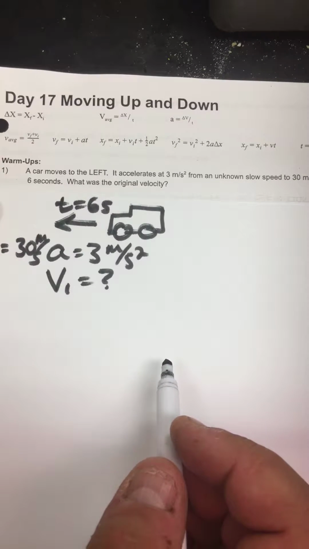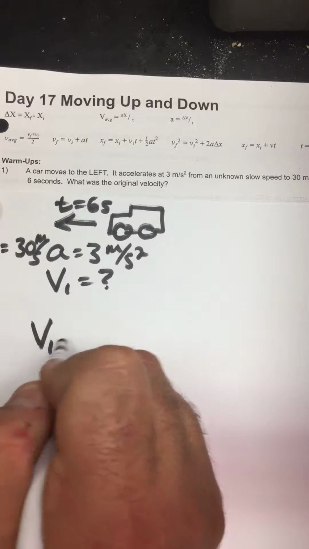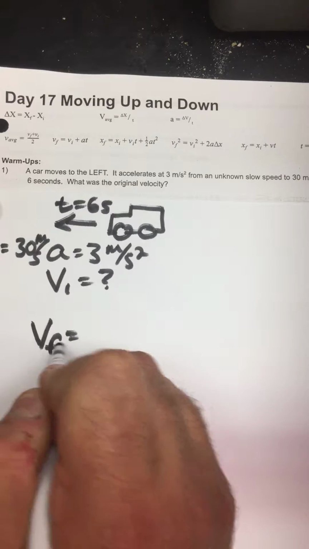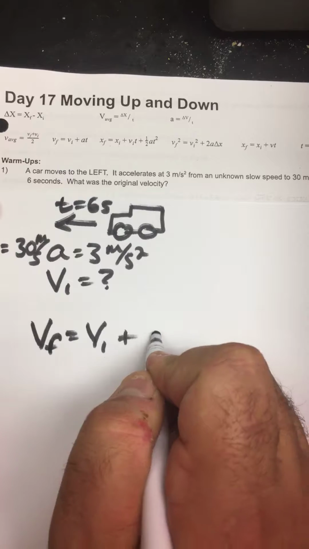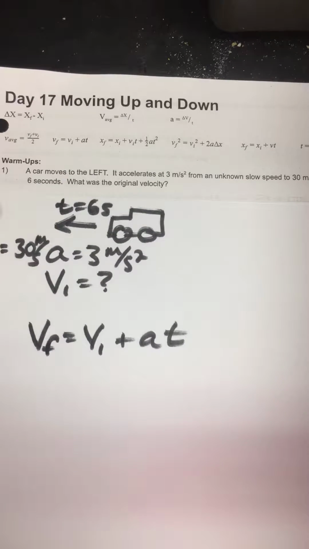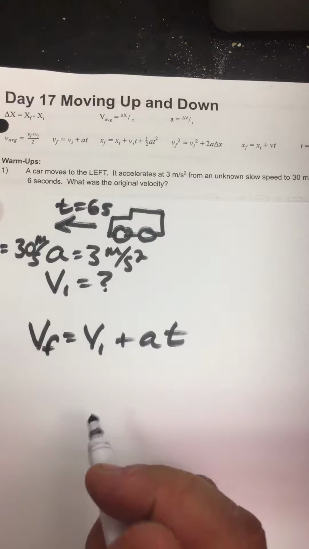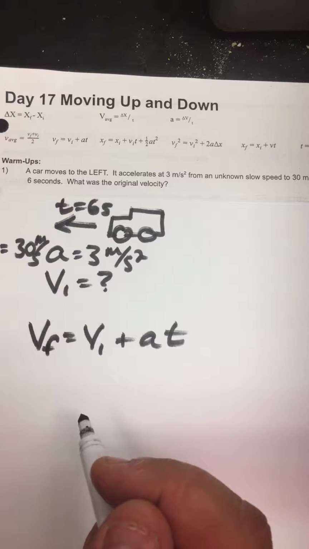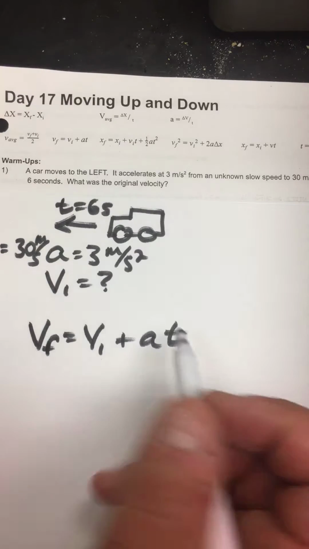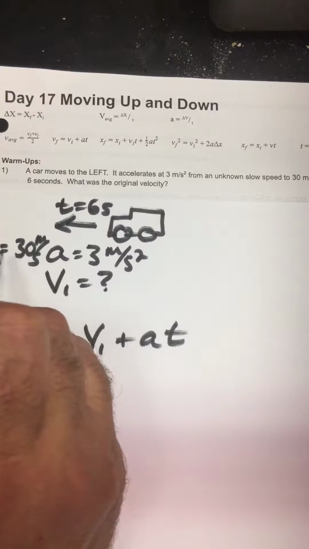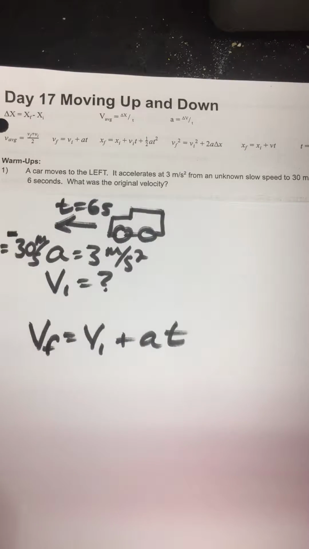The equation that's going to relate all of that is going to be VF is equal to VI plus AT. Before we put in numbers, we've got to figure out signs and if there are any conversions. We have leftward velocity, so this is going to be a negative 30.